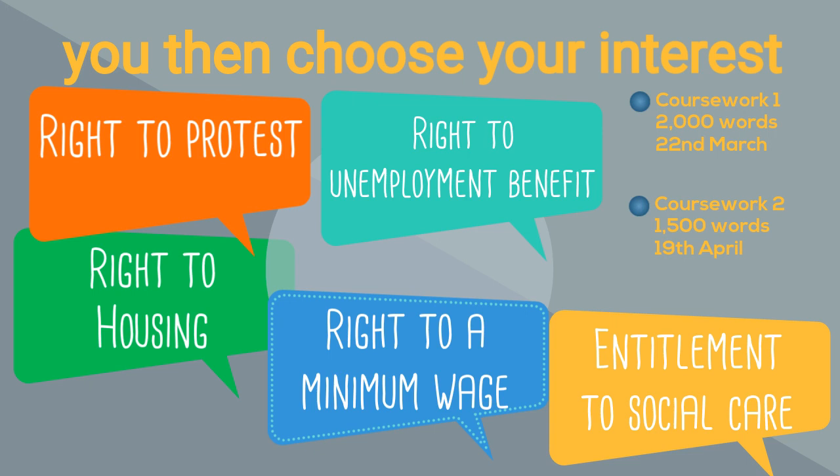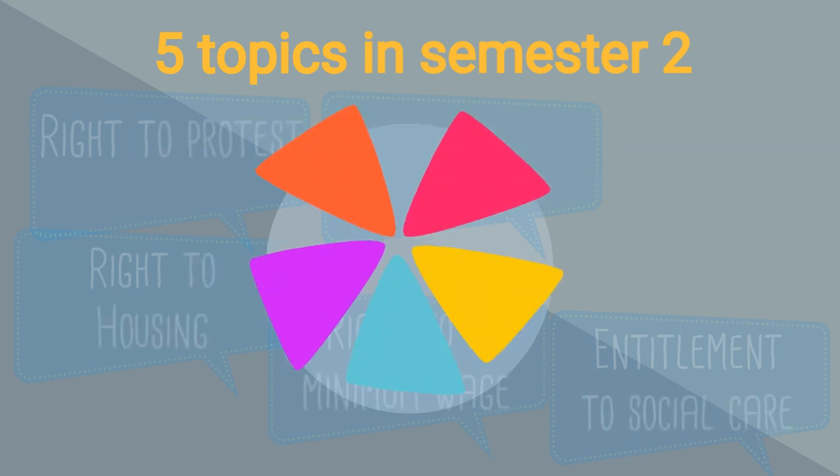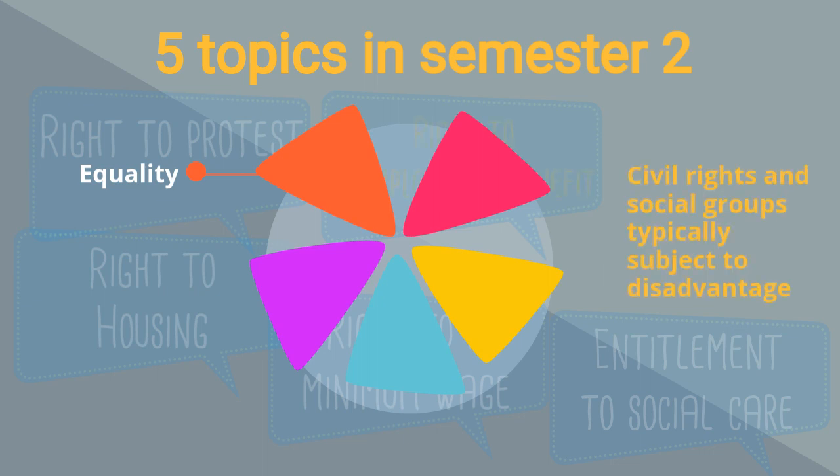Our 5 topics in Semester 2 are designed to test any and each of the module's legal rights against standards of civil justice. Firstly, we do so through the lens of equality, and we learn how to consider the impact of specific civil rights on social groups who are typically subject to social disadvantage, for example, women, disabled people, or ethnic minorities.